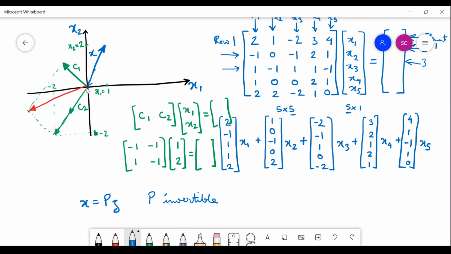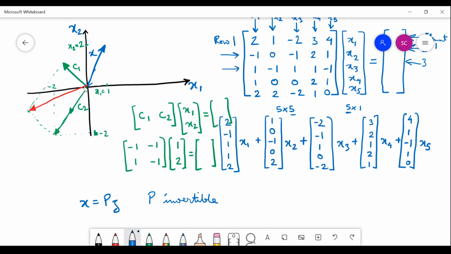Now they will actually lie on some other axis, not x1 and x2. It will change to z1 and z2, and this z1 and z2 combined will give me this vector z.